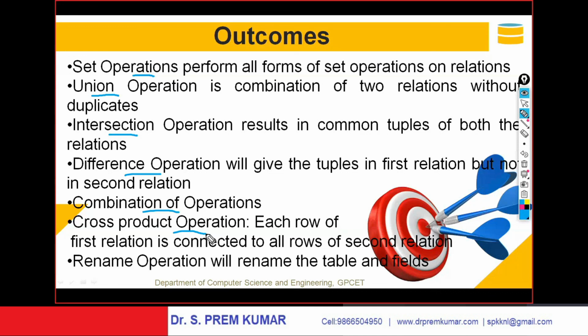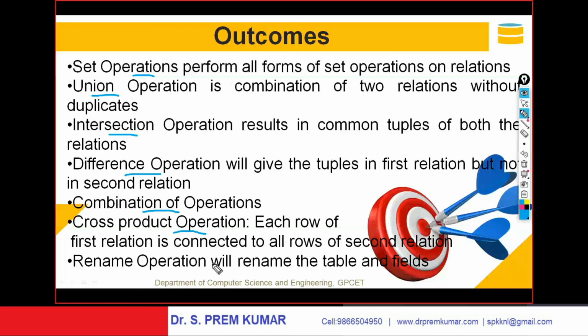And there is a renaming operation. You can change the name of the table, that is the relation. You can even change the name of a field. The rename operation is represented by the rho symbol.